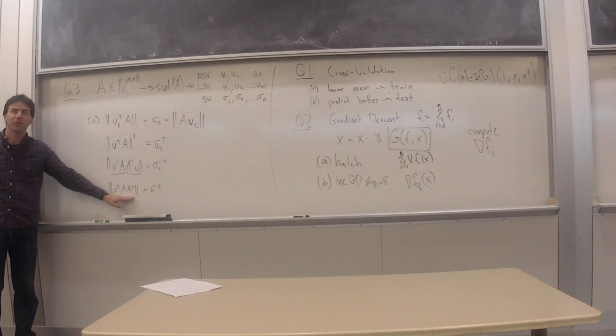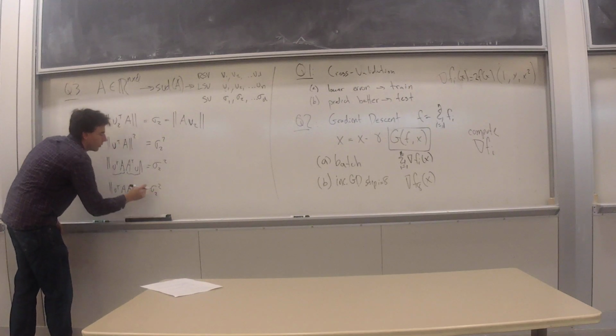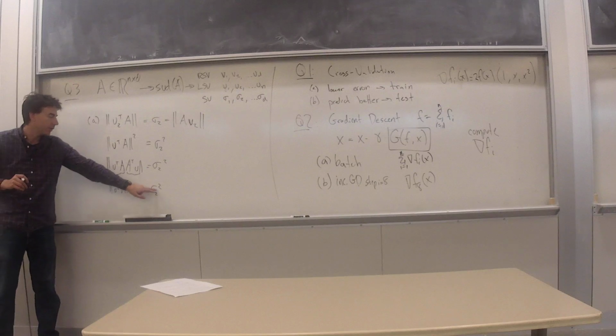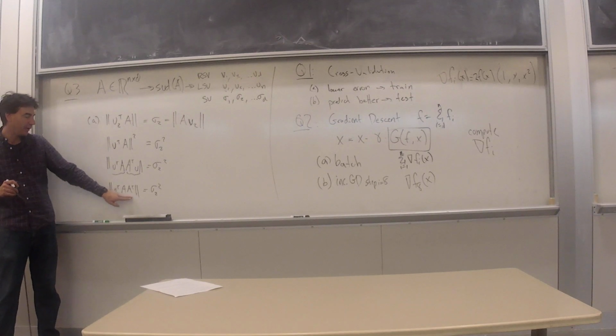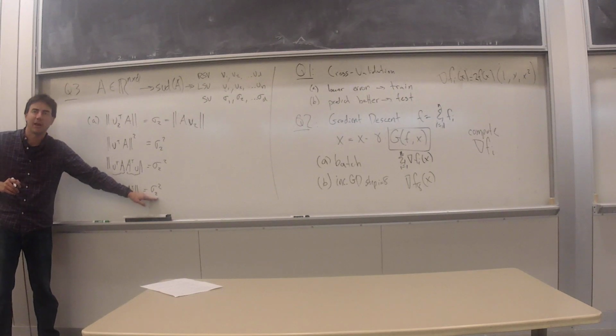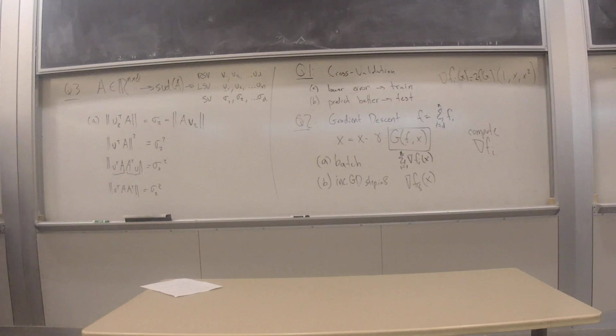This is the corresponding square matrix that corresponds with the eigenvalues, the eigenvalue sigma 2 squared. So if I square, I get the eigenvalues, and so the norm of U transpose A transpose is going to give me the eigenvalue, where this is the square matrix part of it.